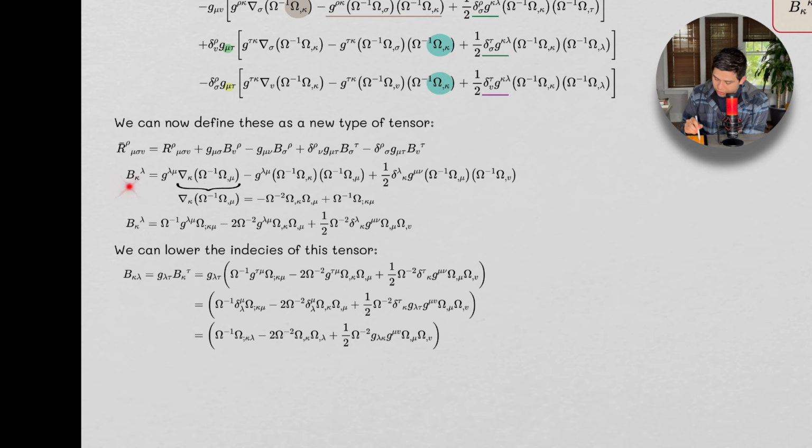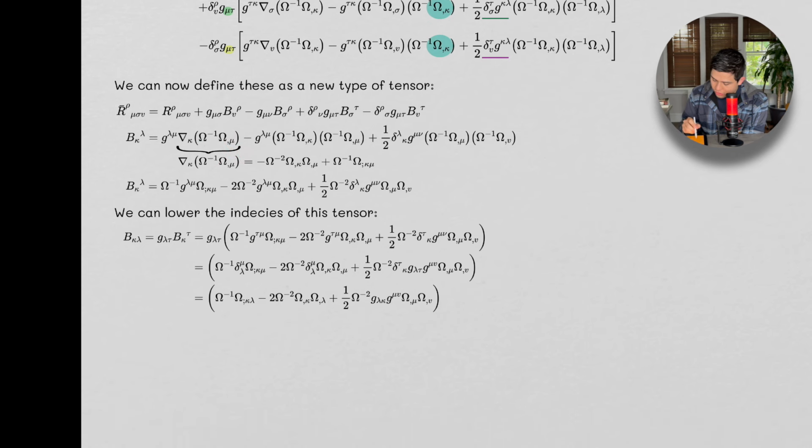I'm defining what these B tensors look like right here. We can see that this guy here is equal to this here, so taking this identity, we then multiply by the metric to get this right here.